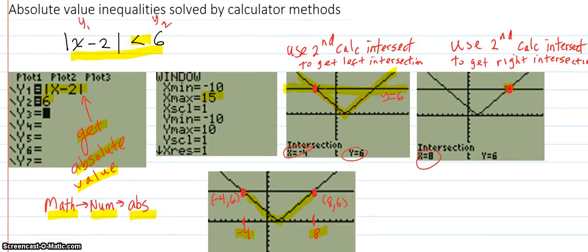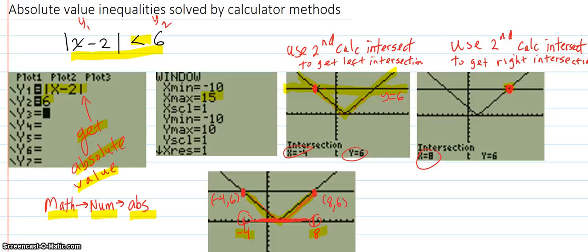So I see this part of the function being less than 6. And where are the x values for that? They are open circle here, open circle there, and coloring in there.